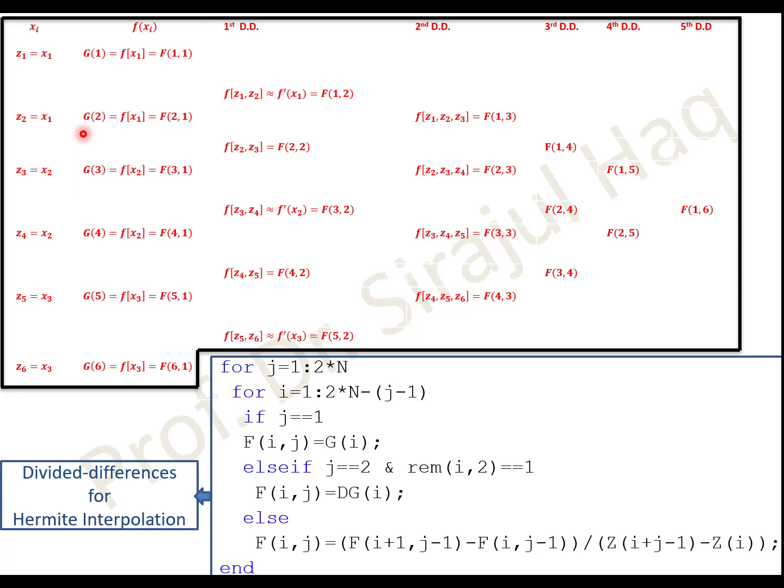How to generate this one? This is the first column. This was from the first loop, this was from the second loop, and the rest of the entries are coming from this loop. And how to find the polynomial, I'm sure that you listened to the lecture which I discussed before, under the topic of Hermite interpolation, forward, backward, and then you can do the interpolation.